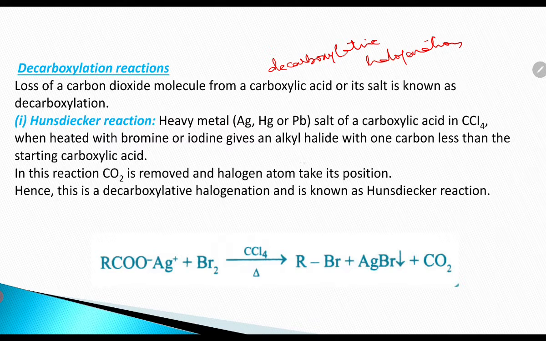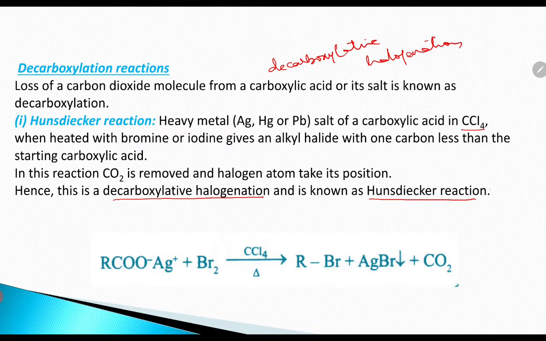Heavy metal salts of carboxylic acids in CCl4, that is carbon tetrachloride, when heated with bromine or iodine, give an alkyl halide with one carbon less than the starting carboxylic acid. That one carbon is lost in the form of CO2. In this reaction, CO2 is removed and the halogen atom takes its position. Hence, this is a decarboxylative halogenation and is known as the Hunsdiecker reaction.